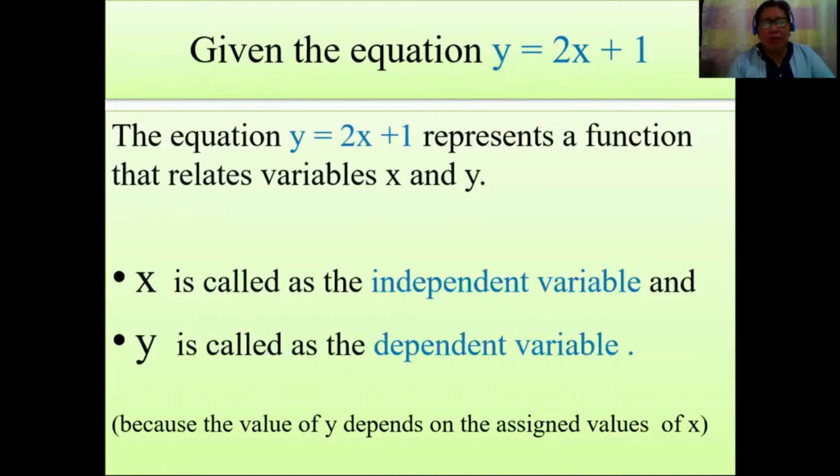Assigning a value to x like 2, so 2 times 2 is 4, plus 1 is 5. So, the value of y is 5. Y always depends on the assigned values of x.